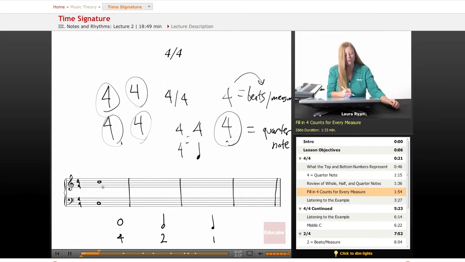Okay, as you remember from our work on the lines and spaces of the treble clef and bass clef, this is a C, this is also a C. Let's make it a little bit more interesting. We'll change these C's to half notes. Okay, 2 plus 2 equals 4. We got 4. Good. Okay, let's have a combination of quarter notes and half notes.